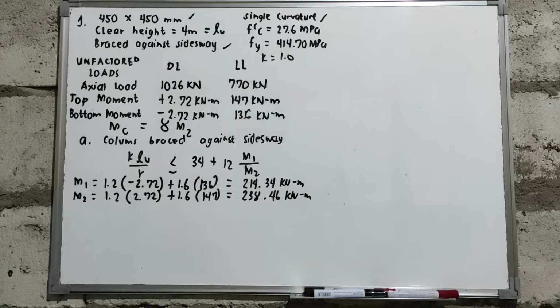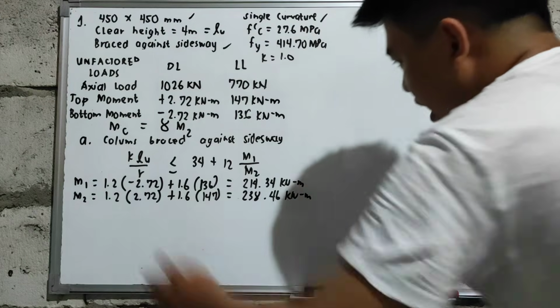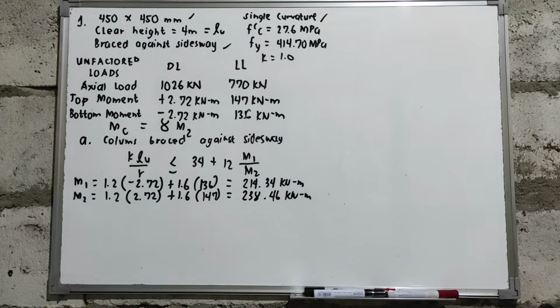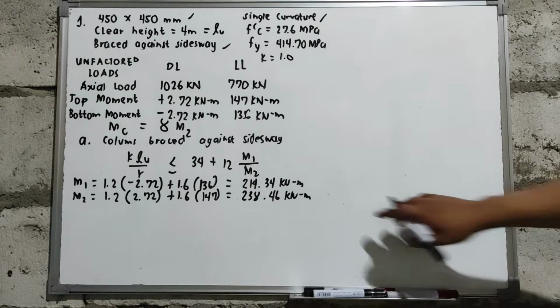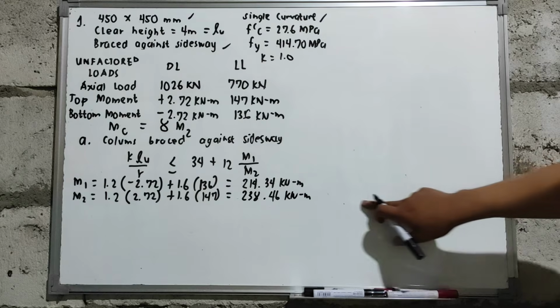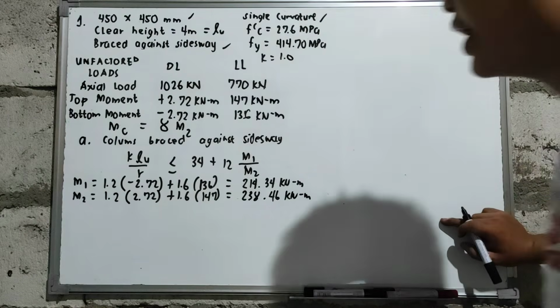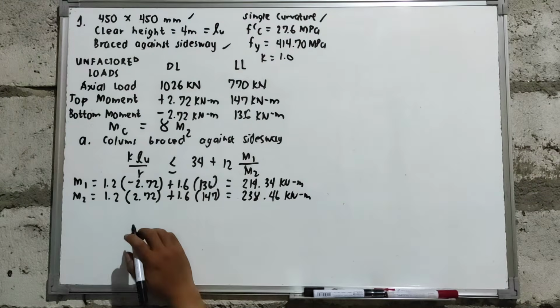So our bigger moment is designated by M sub 2, while our smaller moment is designated by M sub 1. Now let's check if our M sub 2 is greater than the M sub 2 minimum.